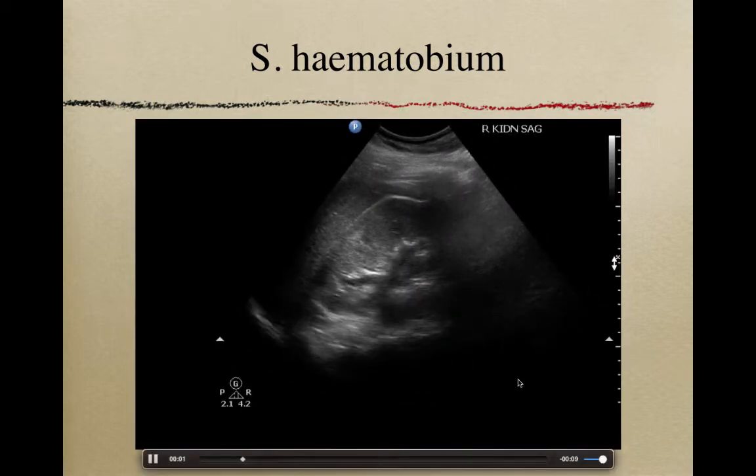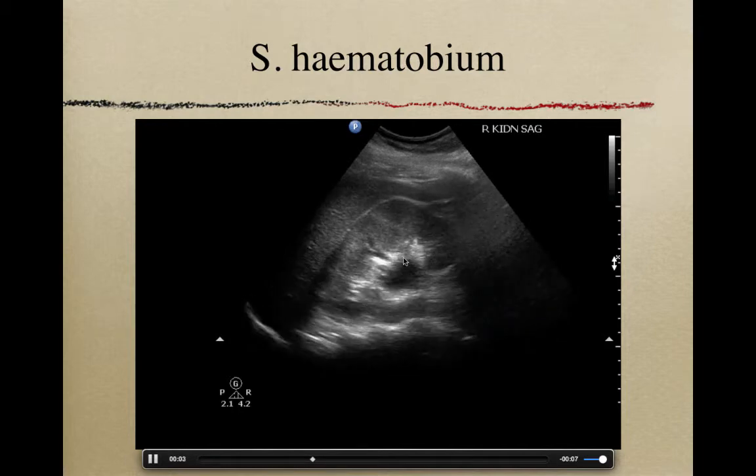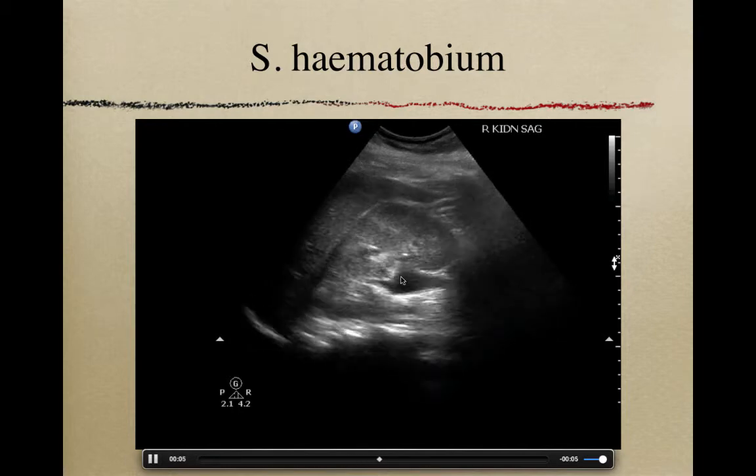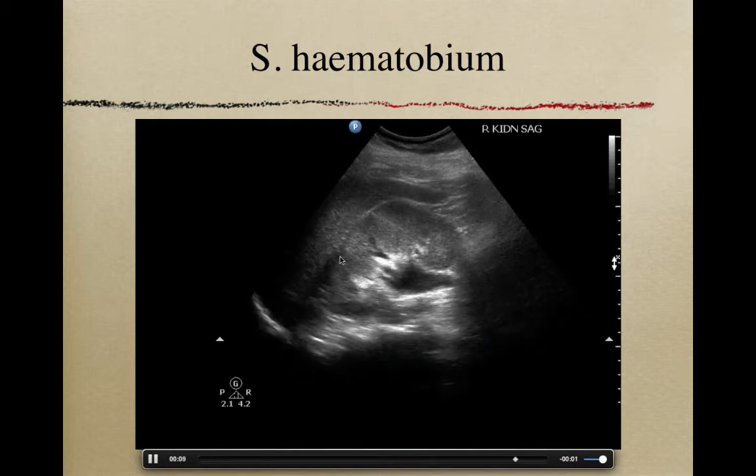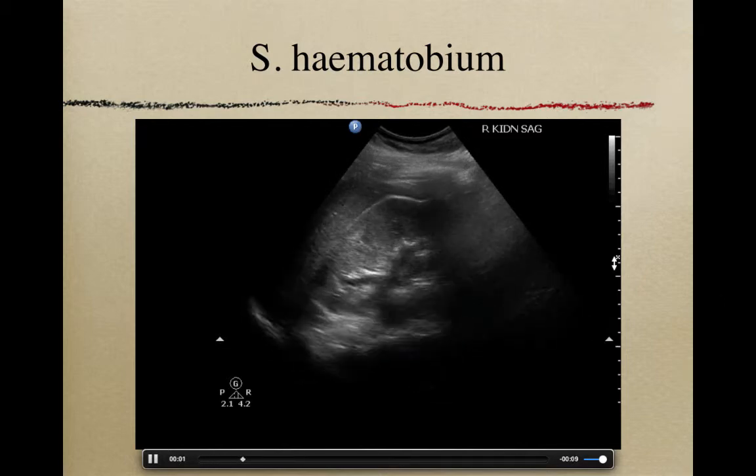You can see this is a kidney with mild hydronephrosis, so now you're seeing some dilation here, some black in the center here, which normally shouldn't be there, but it's still a normal appearing cortex.